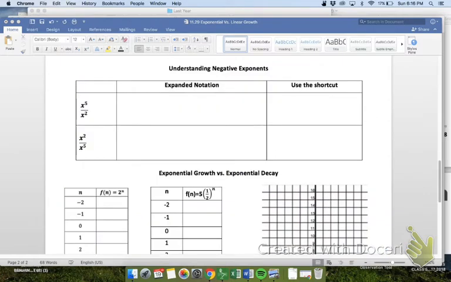Before we explore the difference between exponential growth and exponential decay, I wanted to do a quick review or introduction of negative exponents, because they come into play when we plug in negative values for n when evaluating an exponential function. We're going to think about two different exponential expressions.